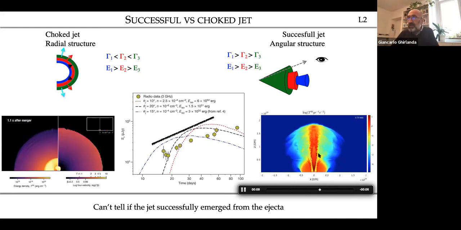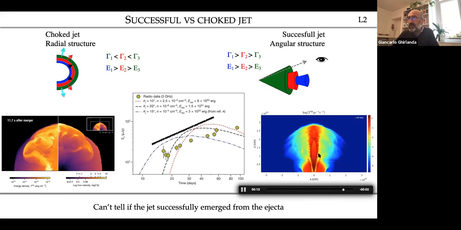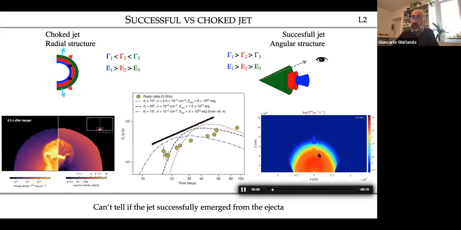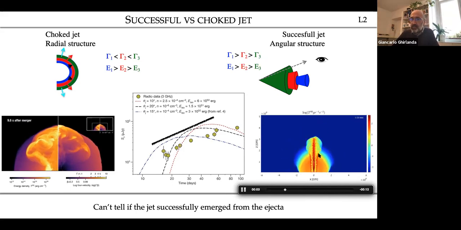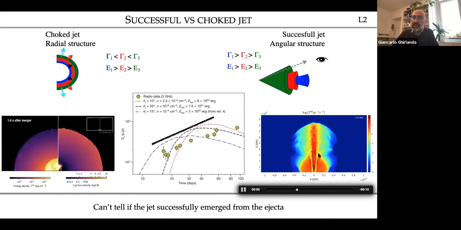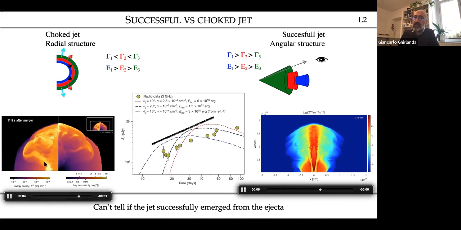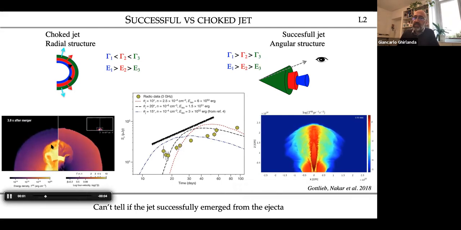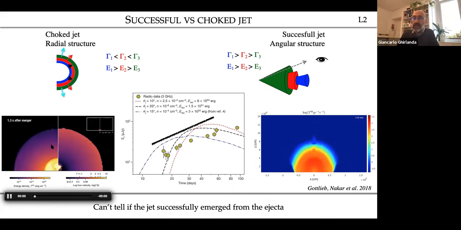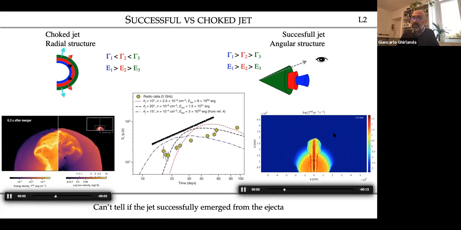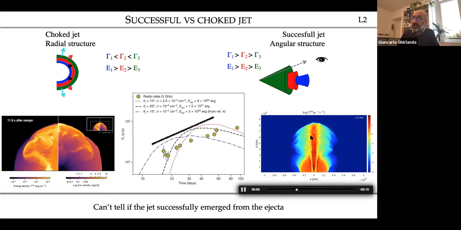Yes, so you are perfectly right. I am using this oversimplified model. What simulation says is much more complicated. For instance, in the case of the cocoon or failed jet here that I'm showing, you see that mixing and turbulence can play a much more relevant role than probably what happens in the case of a successful jet.